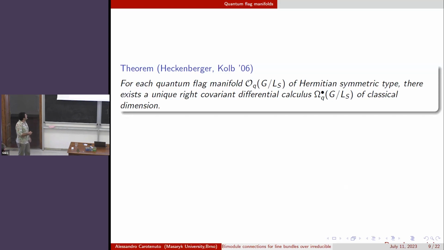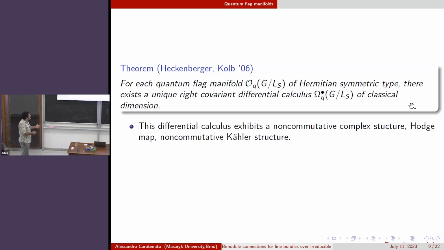For these guys, Heckenberger and Kolb found a differential calculus of classical dimension, which is exactly the kind of calculi that Raymond was talking about before. And this calculus actually exhibits all the possible features that you might ask for.